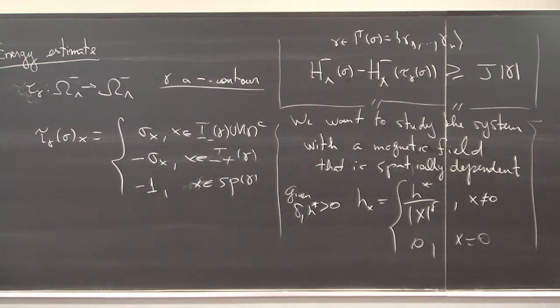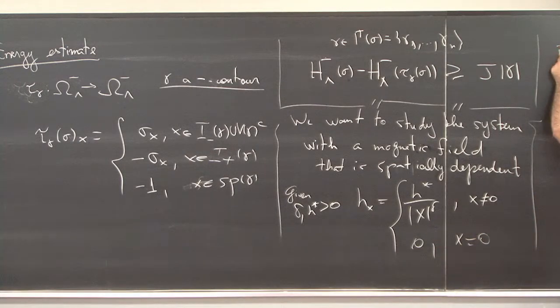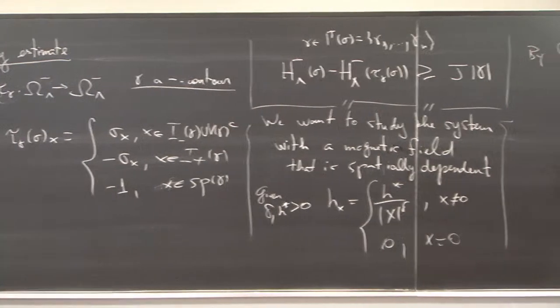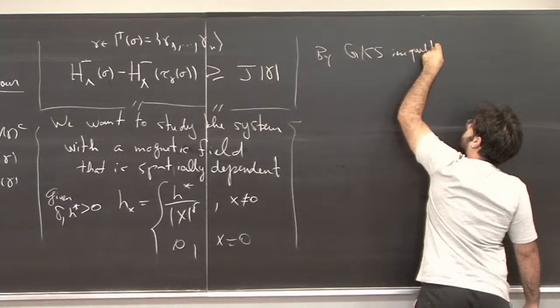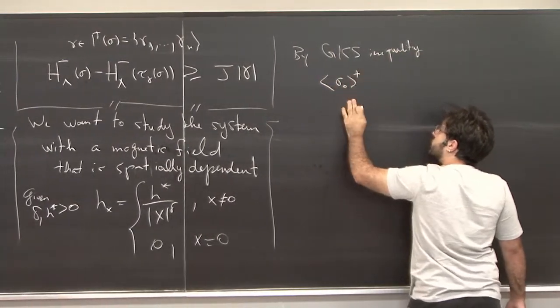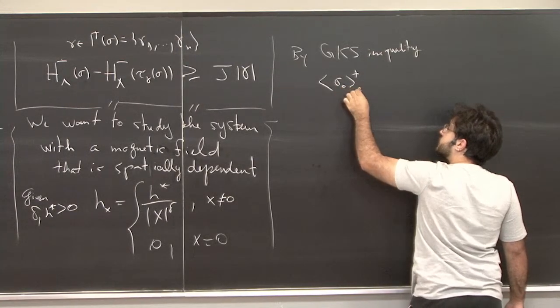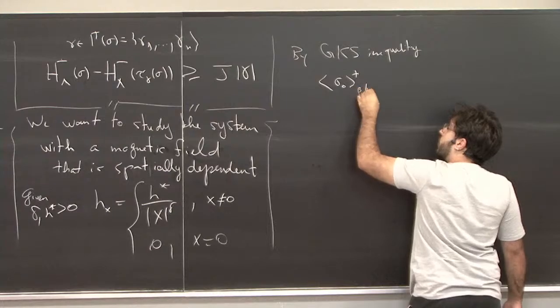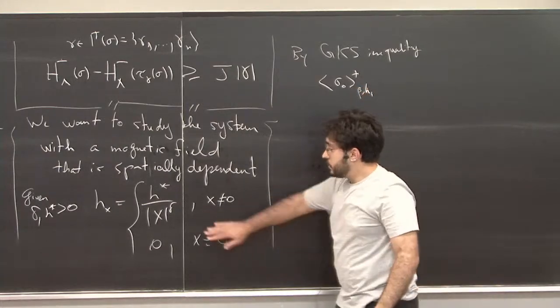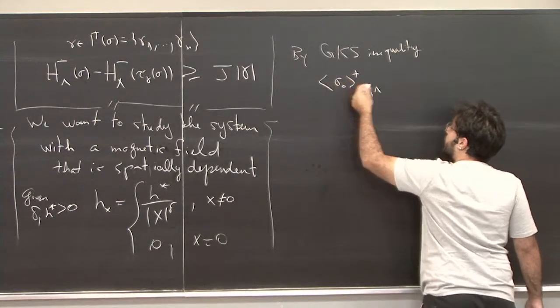And the first thing that we must notice is that by the GKS inequality, we know that the expectation value of the spin at the site 0 with this field, since it is a positive field, the GKS inequality can be applied.